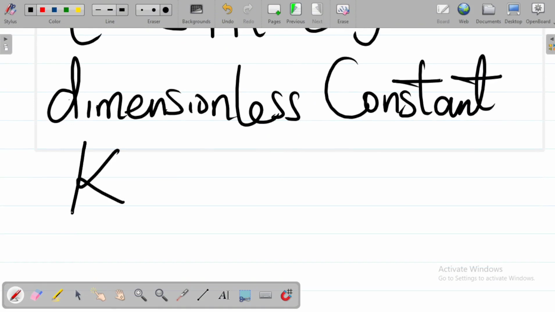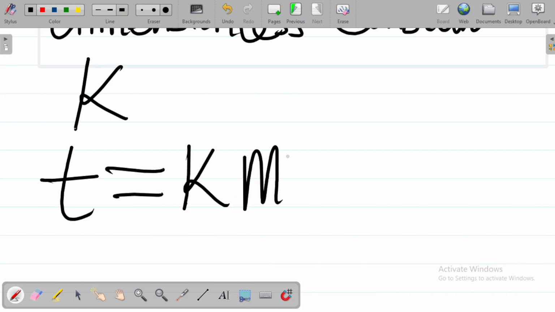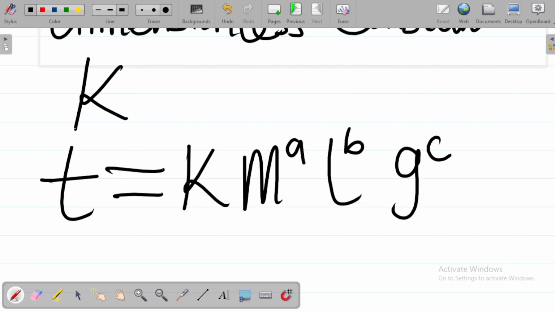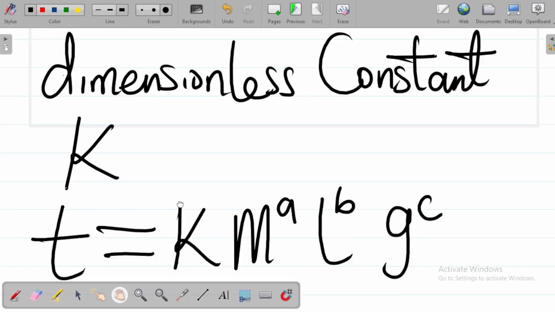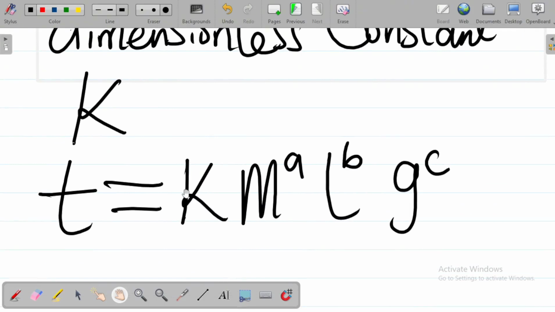If we introduce k into this equation, it becomes t is equal to k multiplied by m raised to power a, then L raised to power b, and then g raised to power c. Once you introduce a dimensionless constant, the proportionality sign turns to an equal sign.